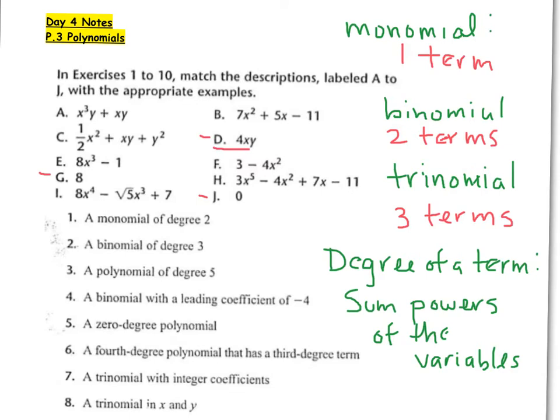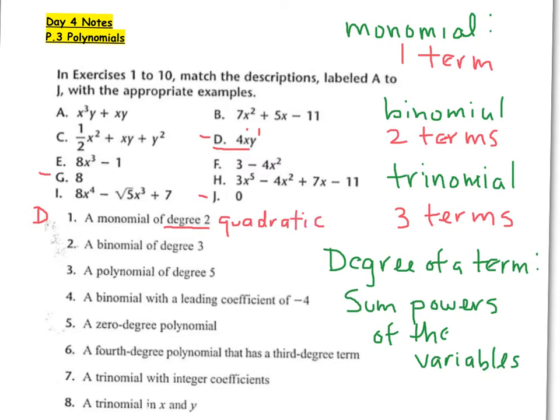You notice that each of those variables is to the first power. We add them up, and they make 2. So number 1 matches with D. And we could call that a monomial of degree 2. The degree 2 also refers to the word quadratic, something that we're very familiar with and have already worked with this year.